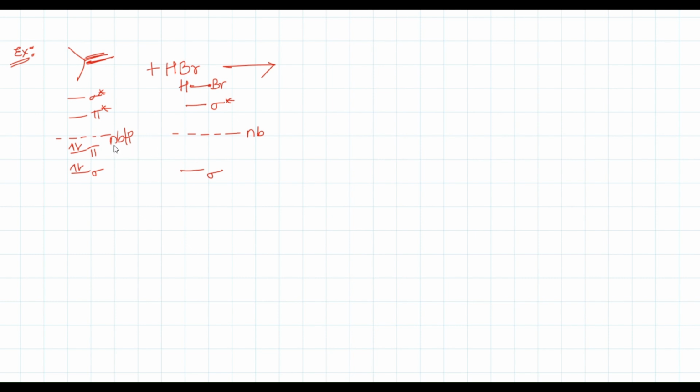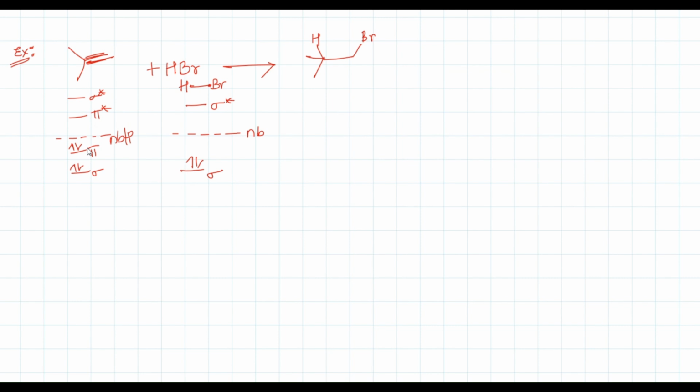right? What is the product? The product is CH2 is there, so H and Br. This is the product formed, right? How will that one attack? The pi electrons will shift to HBr, where sigma electrons were there, right?